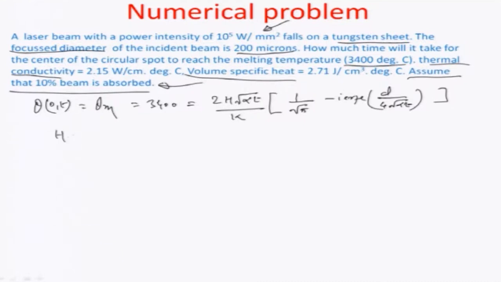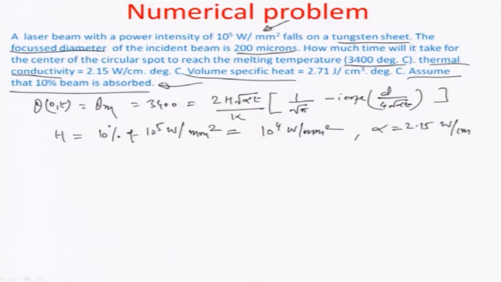For example, H in this particular case is 10% of 10 to the power of 5 watts per millimeter square. The amount of power which is coupled comes out to be 10 to the power 4 watts per millimeter square, and we have K in this particular case as 2.15 watt per centimeter degrees Celsius.